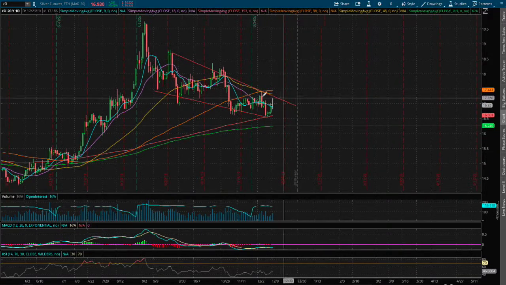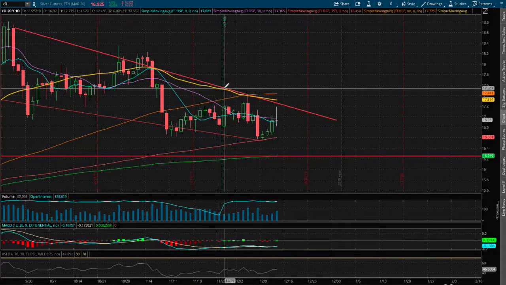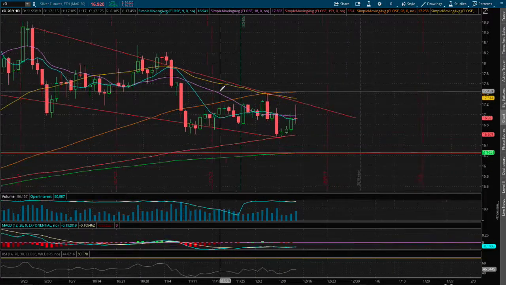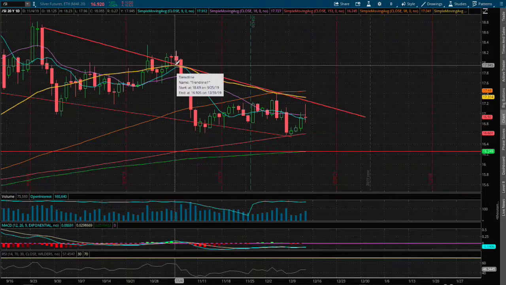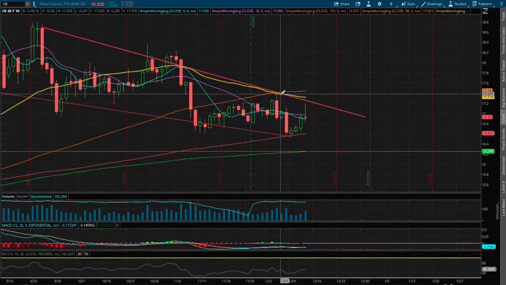And for resistance, I do see the 50-day moving average, this yellow line, acting as our next resistance. We failed to break above the 50-day moving average right there on December 4th.